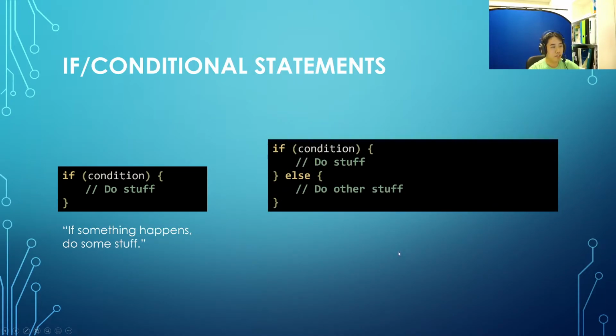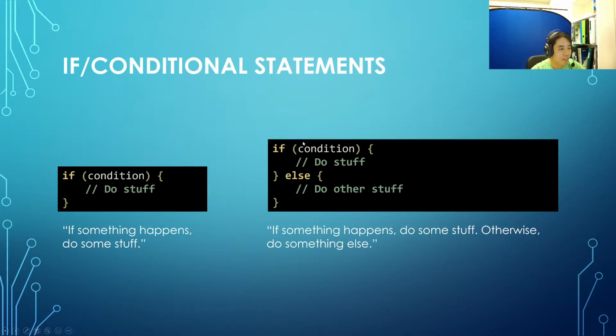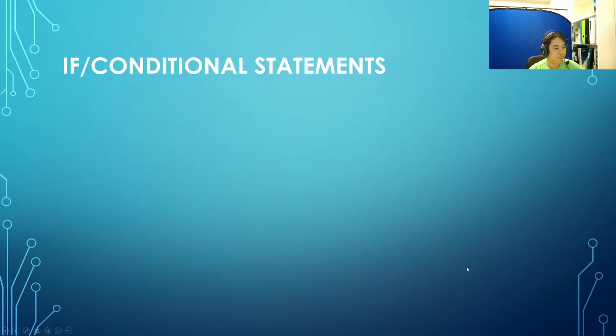And we also have this if else statement. So else means if the condition is not fulfilled. If something happens, maybe a condition is fulfilled, we do some stuff. Otherwise, we do something else.